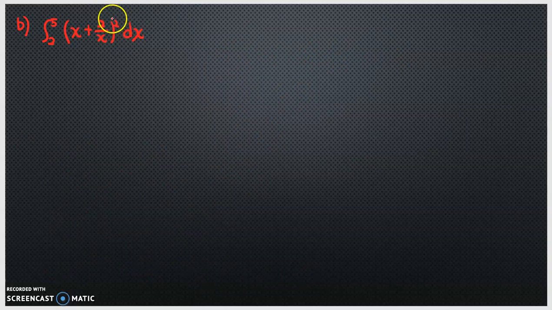Since we have a square, we have to expand the function before we integrate.